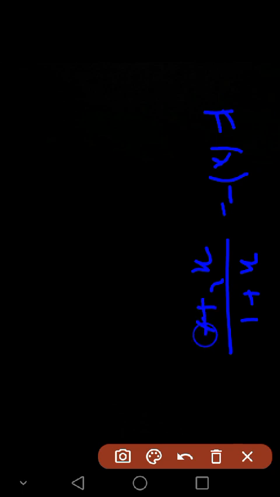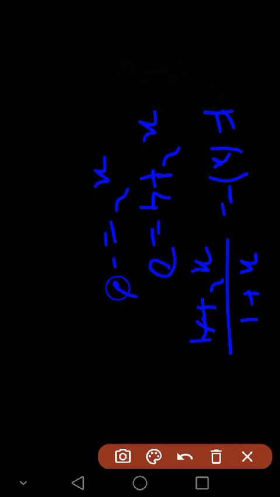What else? In a case where you have something like f of x equal to (x plus 1) over (x squared plus 4), what are you going to have here? Setting your denominator equal to 0, we have x squared plus 4 equal to 0, so x squared is equal to negative 4.